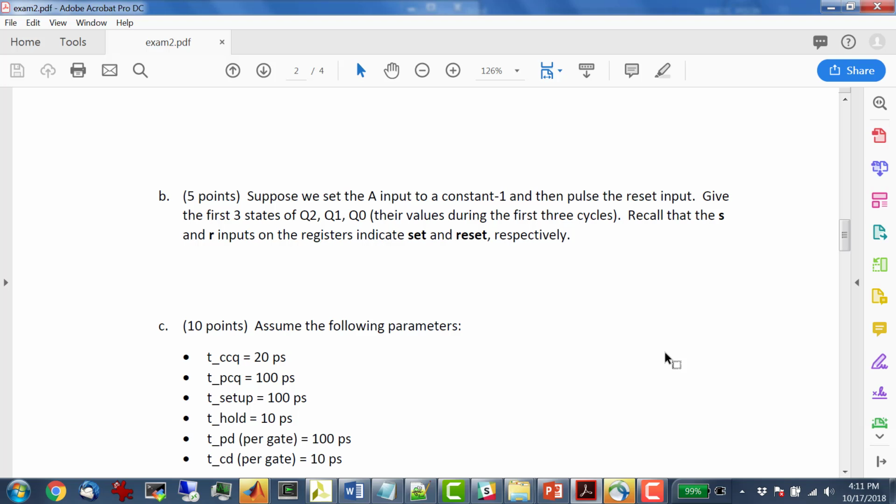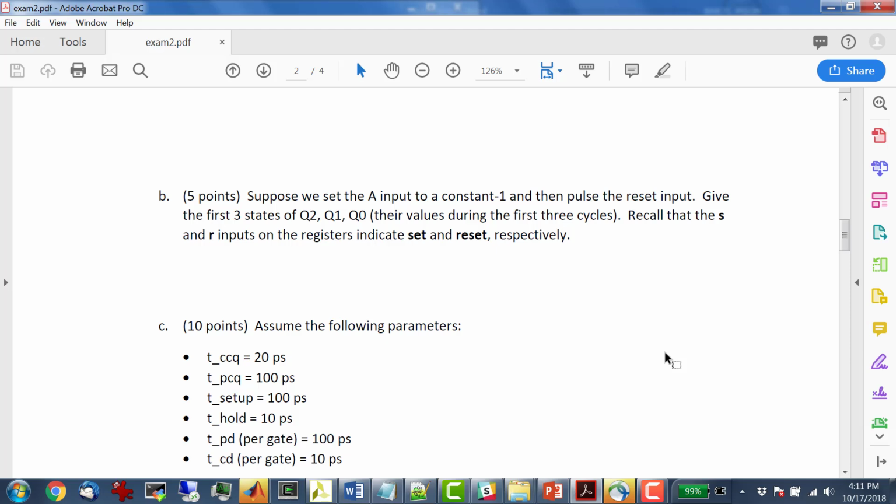But the skew is going to work against us, so that'll be subtracted, right? So the hold time is 10 picoseconds. 20 picoseconds is the contamination delay of the register, and per gate is 10. And we want to find the minimum path for this one.